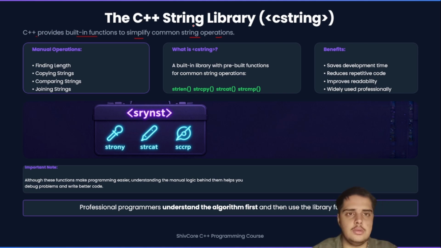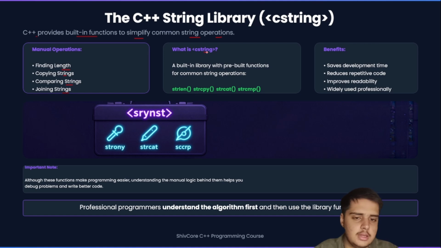It simplifies the code: just use the C string library for strlen, strcpy, strcat. They help a lot. Manual operations like finding length, copying strings, comparing strings, joining strings are all done very easily by using these built-in libraries.